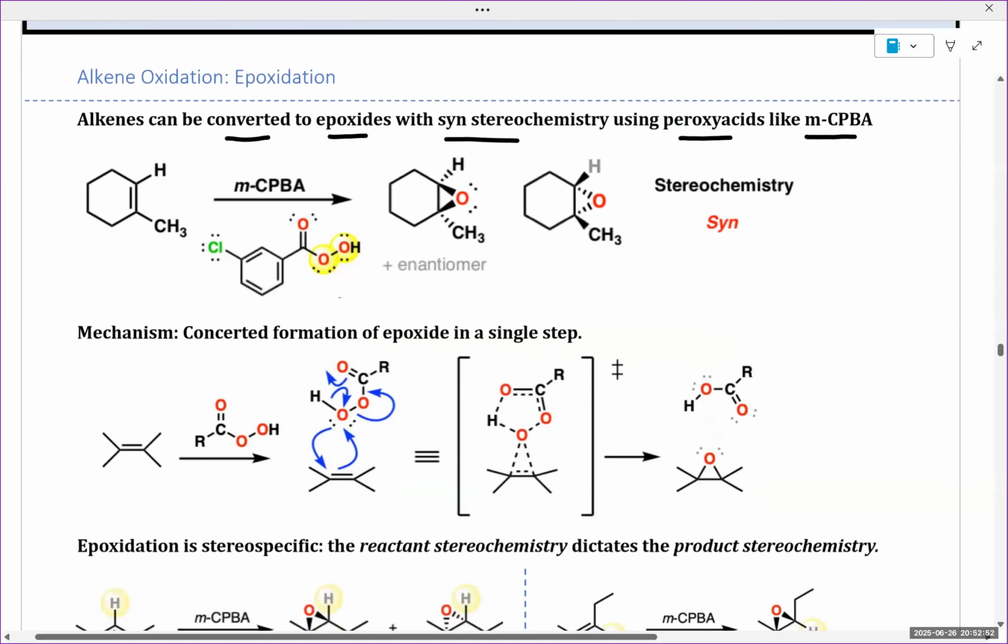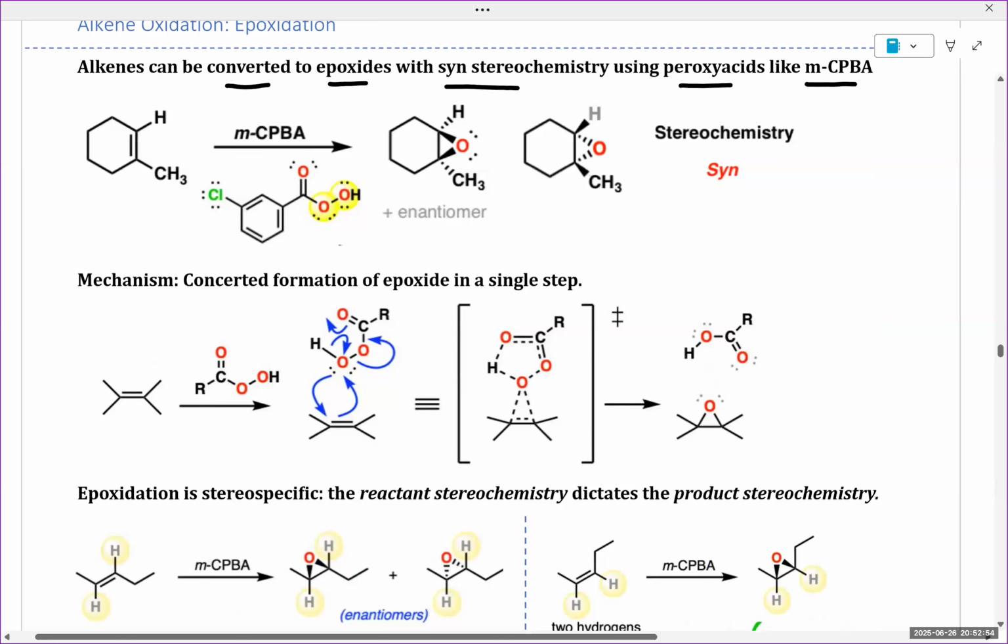This is another concerted mechanism where we have concerted formation of the epoxide in a single step. So in this case, first and foremost, we have cyclization to form two carbon-oxygen bonds. We break the peroxy acid oxygen-oxygen bond.